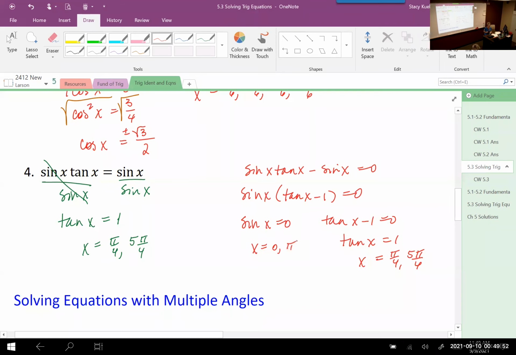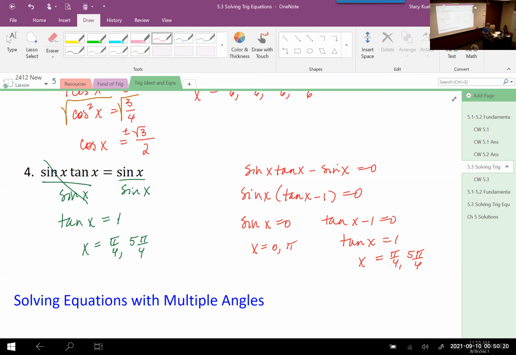It would be 0 and pi, because it's a quadrantal angle. So how many solutions do I have with the correct way to solve this? 4. How many solutions do I have with the incorrect way? 2. So I accidentally lost 2 of the solutions by dividing. So you don't want to do that. Apparently, we're going to do that anyway, so that's good.